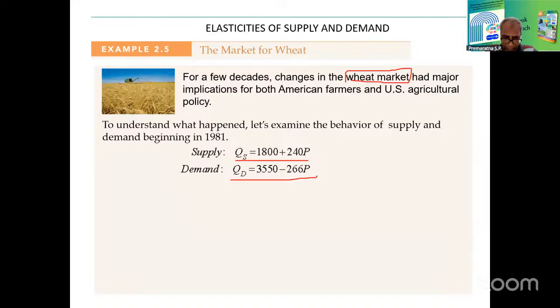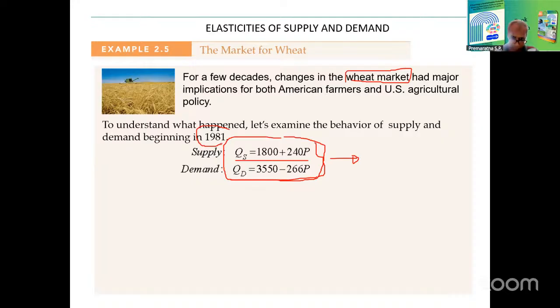If you are a policy maker, let's say the Department of Agriculture, the government of the USA, at this market price, as a policy maker, what is the best option, impose tax or not? These are the two demand and supply functions estimated using 1981 data.